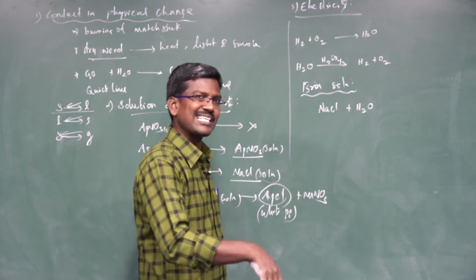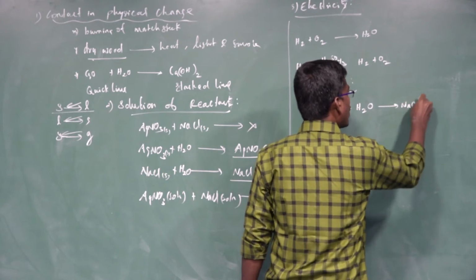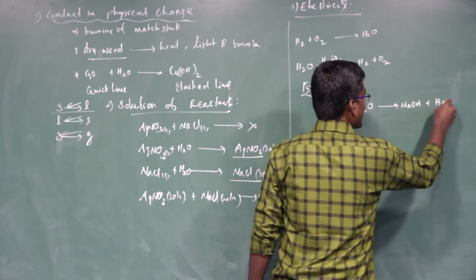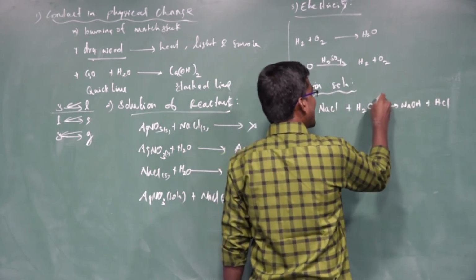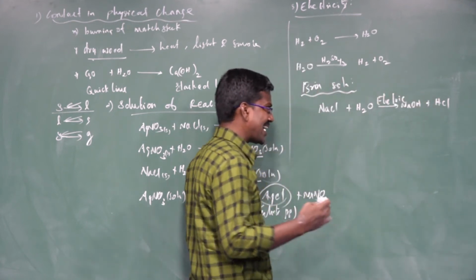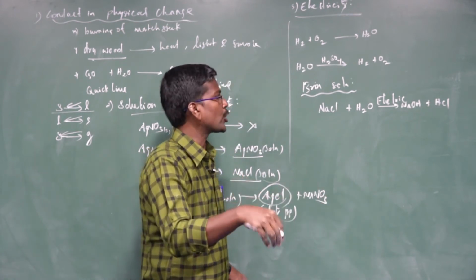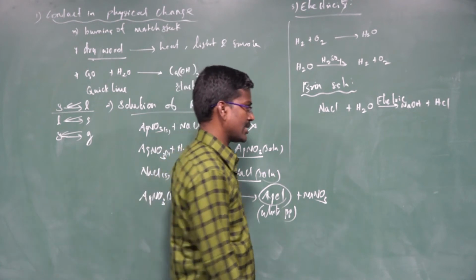Sodium chloride is dissolved in water to produce sodium hydroxide, NaOH, plus hydrochloric acid, HCl, by using electric current, electricity. Electric current passes through the brine solution of sodium chloride in water to produce sodium hydroxide and hydrochloric acid.